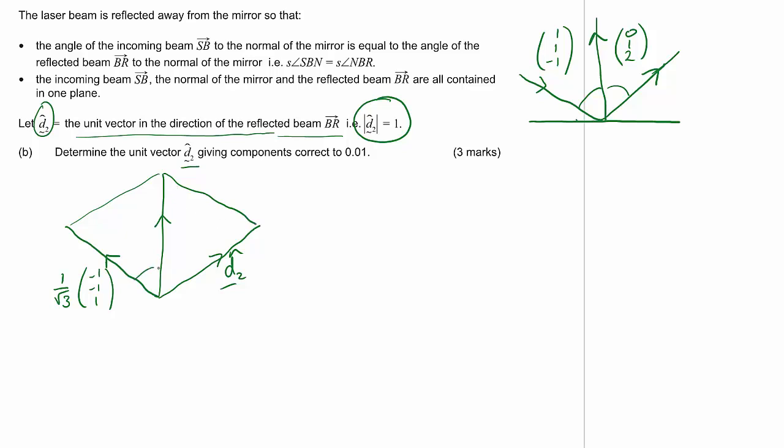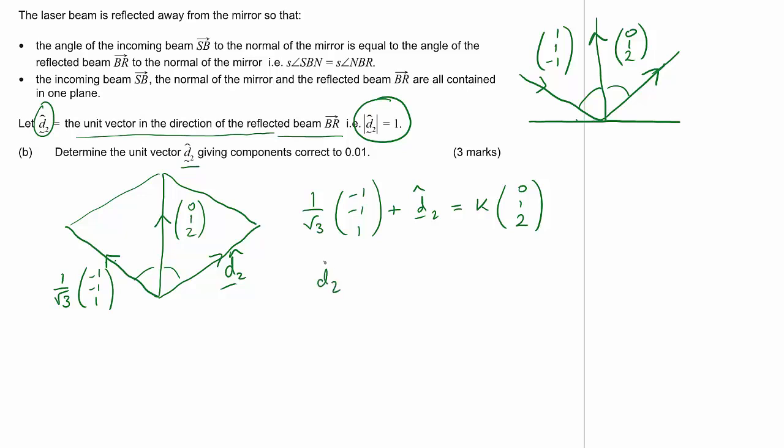And if this is a rhombus and these angles are equal, it follows that 1 over root 3 times (-1, -1, 1), so this vector, added to this one, must be equal to some multiplier of this one. So it's going to be k (0, 1, 2).